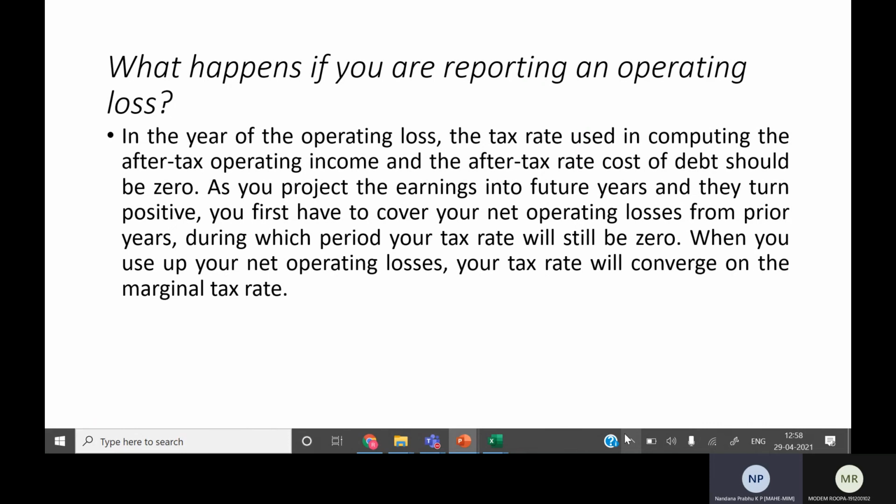We can input the effective tax rate and marginal tax rate, but the Excel template is structured in such a way that it will not levy any tax in a year in which there are operating losses. If the EBIT is shown in minus within brackets, it means there is loss. In that year, tax will not be levied.